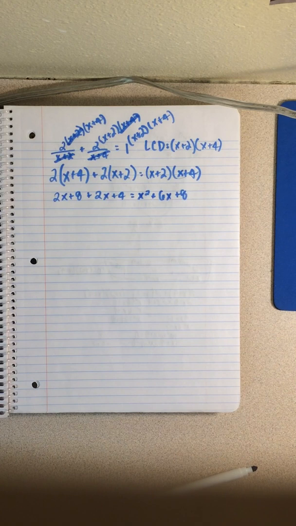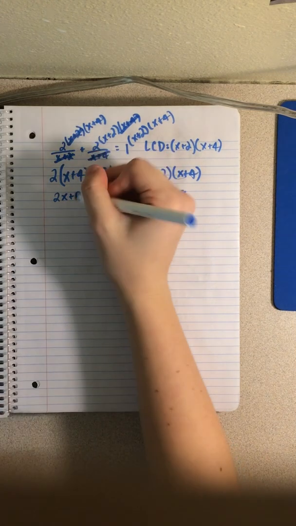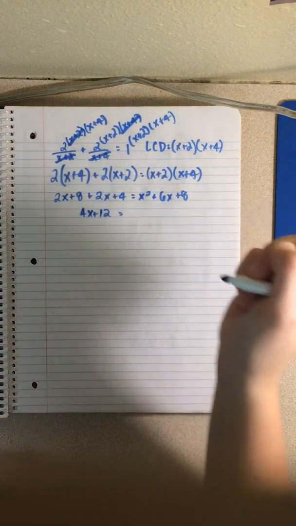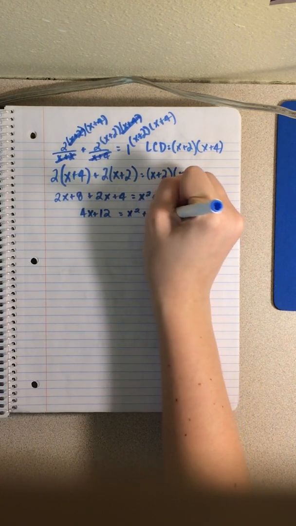And then you combine like terms, and you end up with, on this side, 4x plus 12 equals, and then you're just left with 6x plus 8.